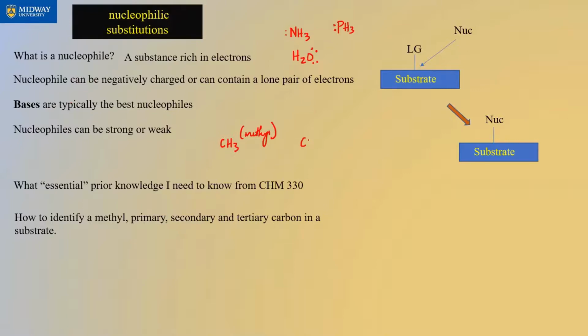A carbon with 2 hydrogens is primary. A carbon with 1 hydrogen is secondary. And a carbon with 0 hydrogens, well, basically what that means is your other 3 bonds are all different, and that's tertiary. Okay, this is the basic knowledge you have, and then we have a few more things that we will look at.